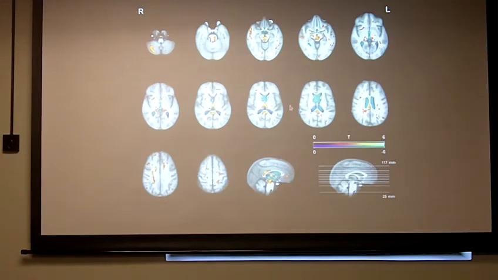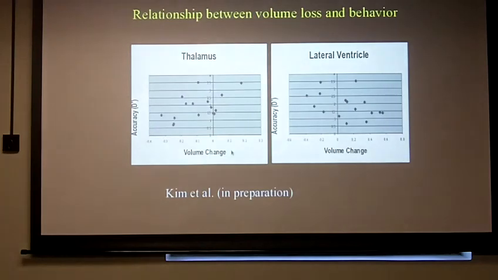So in white matter structures and thalamus there was volume reduction and in the ventricles volume expansion, and you can correlate these with behavior just like you do in your VLSM based on focal lesions.